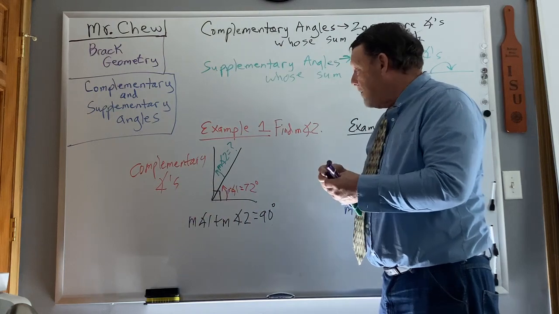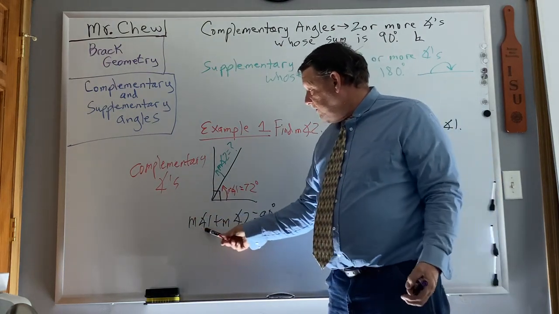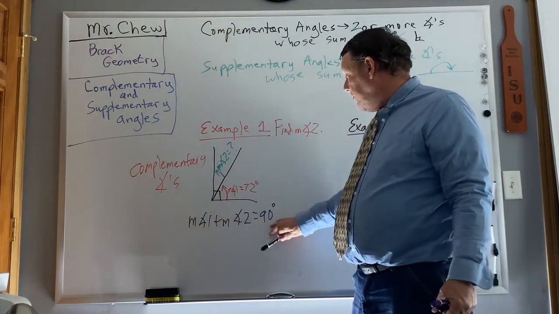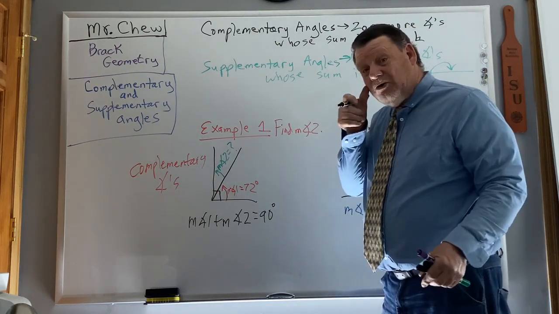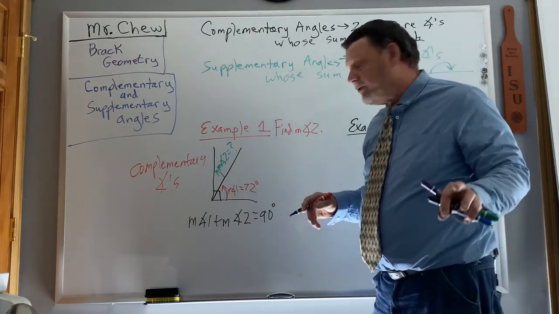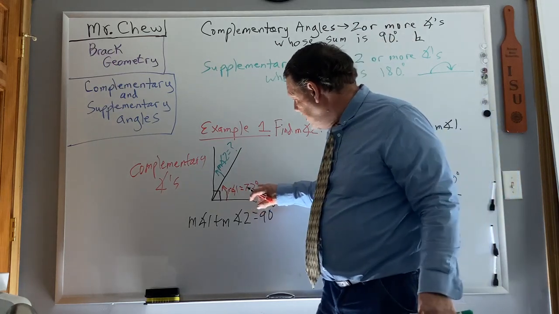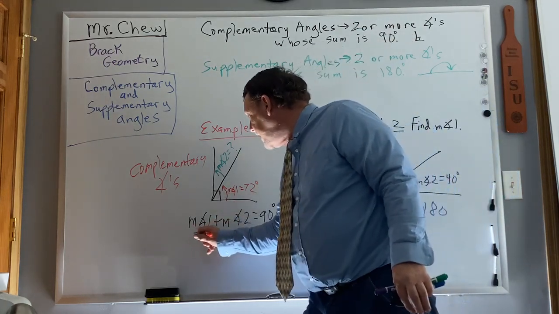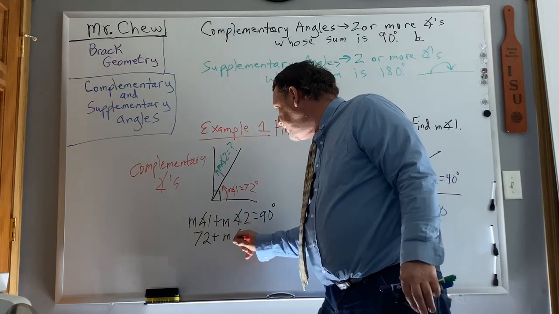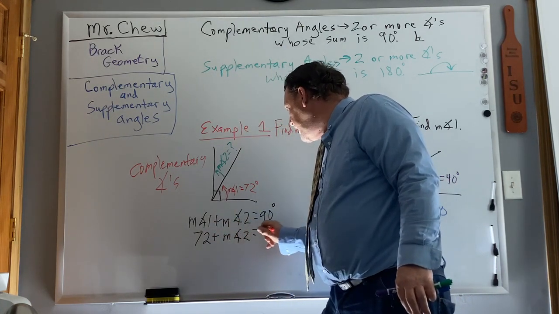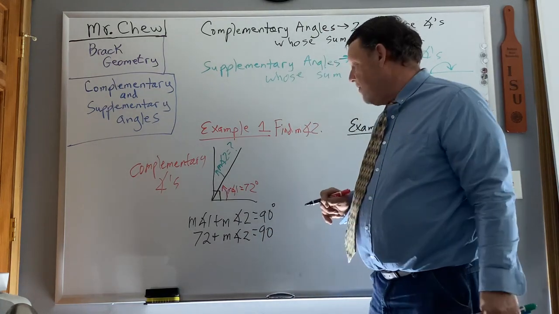All right, since they're complementary angles, if I take the measure of angle 1 plus the measure of angle 2, it's going to equal 90 degrees. So I can use what I call the substitution property of equality in algebra to substitute a 72 for my measure of angle 1. I don't know the measure of angle 2, but I know when I add them together, it's going to be 90 degrees.